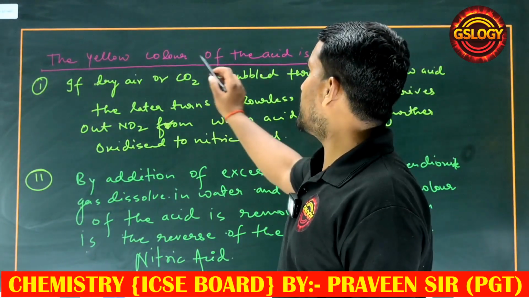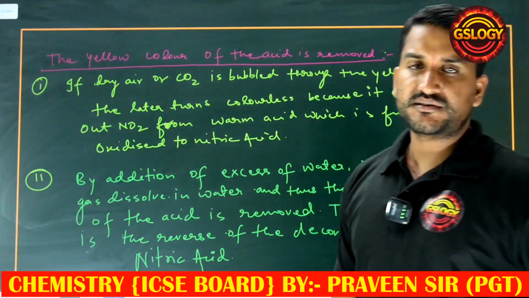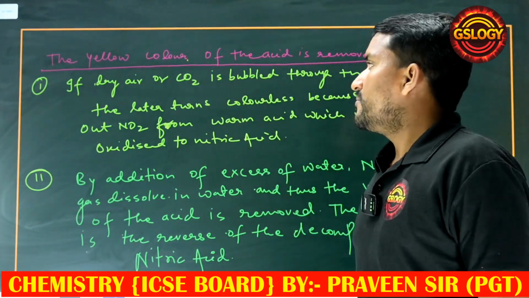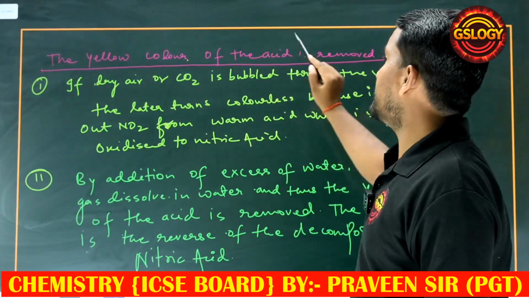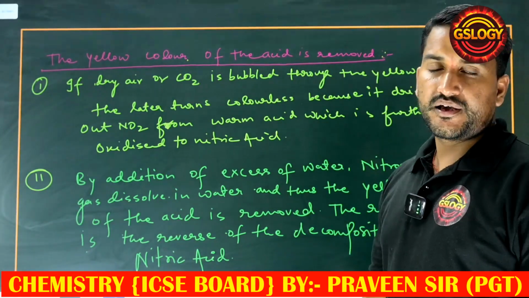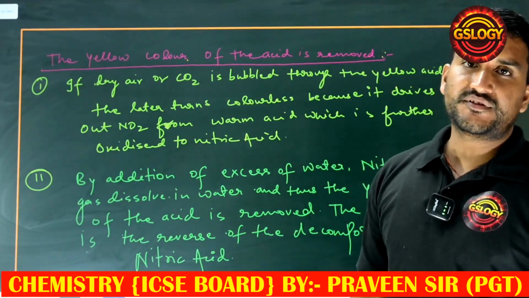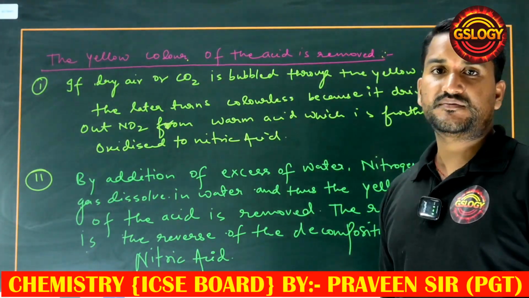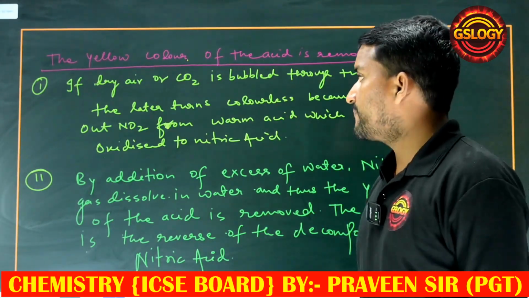The process by which you can remove the yellow color of the acid is removal. You know very well, the yellowish color of concentrated nitric acid is present due to NO2.